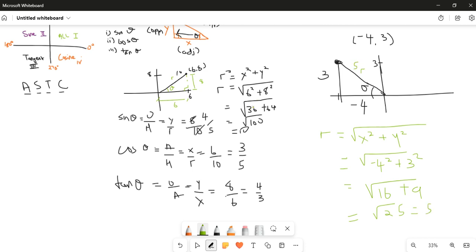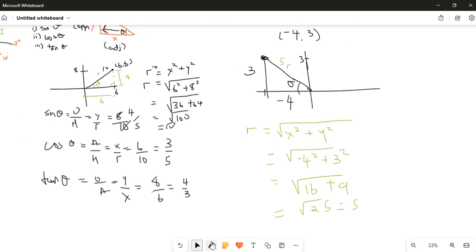Now, remember our acronym. We're in the second quadrant, so only sine is going to be positive. Cosine and tangent are not going to be positive. So let's tabulate sine theta, cos theta, and tan theta.